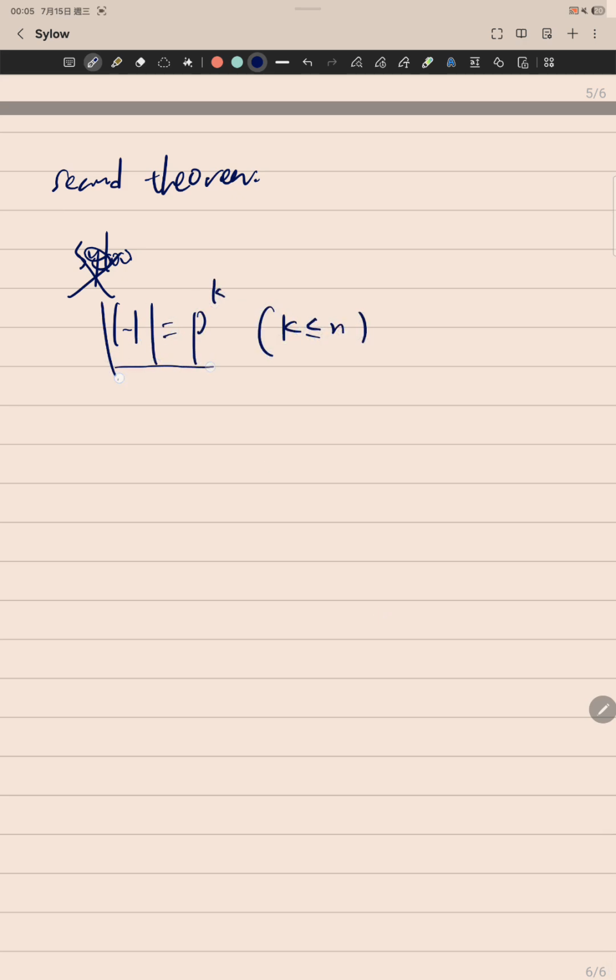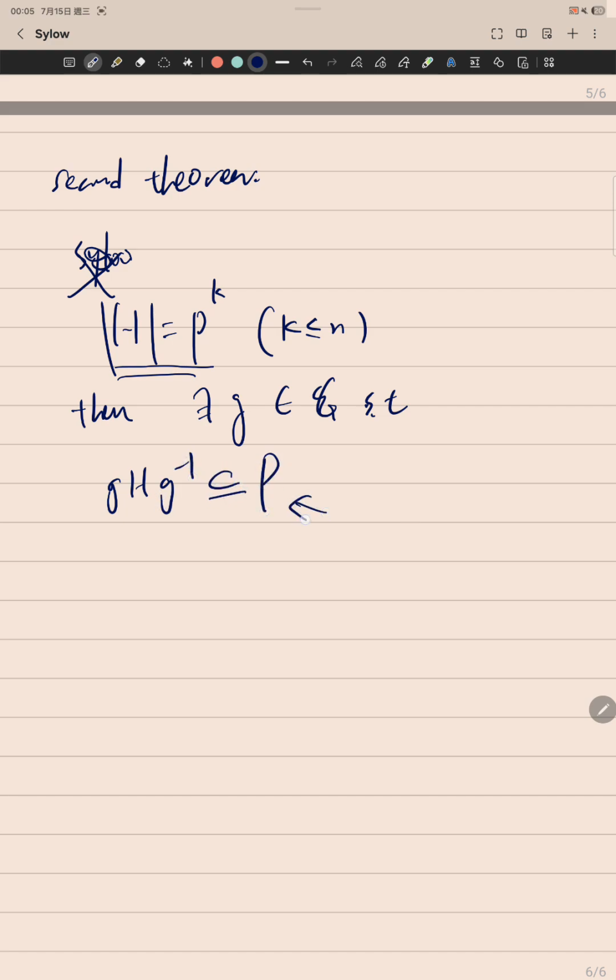Now let's prove the second theorem. The second theorem is very simple. We will actually prove a stronger result. Let's say I take H to be of order p^k, where k is less than or equal to n. So H is not a general Sylow p-subgroup, but just any p-group. Then there is some g in G such that g^{-1}Hg is a subset of P, where P is a Sylow group.